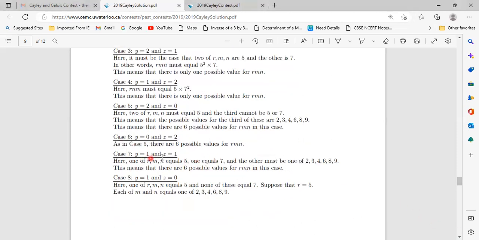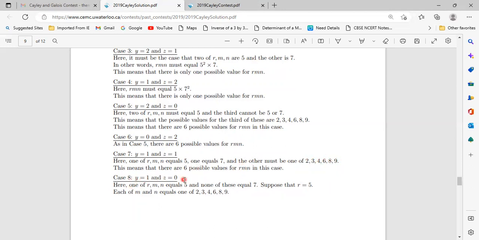So when y is 1 and z is 1, one of the RMN equals 5, one of the RMN equals 7, and the other must be one of 2, 3, 4, 5, 6, 8, 9. So in this case, again, you're going to have 6 possible values, right?